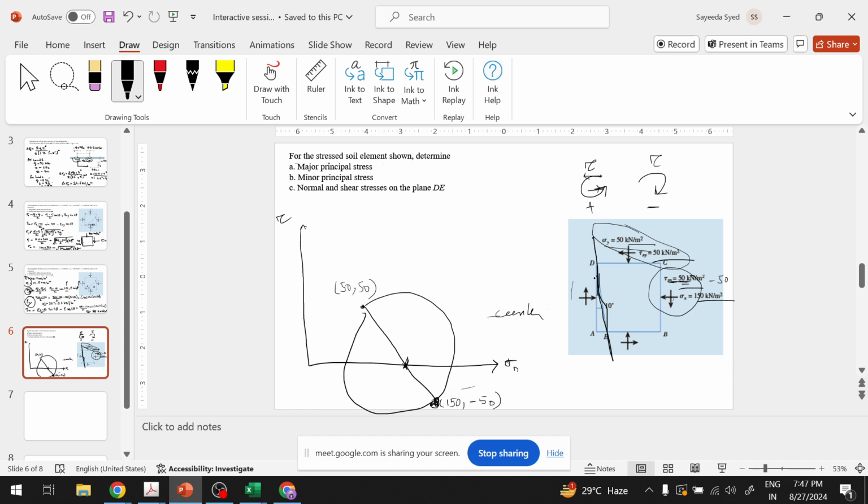So what we will do is first we will take a vertical line through this point, and then we will take angle 10 line.